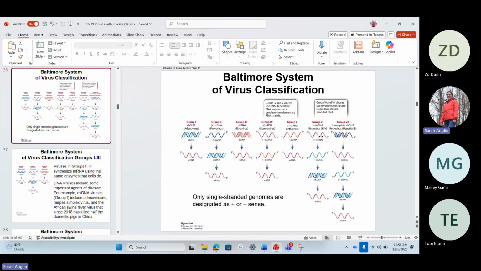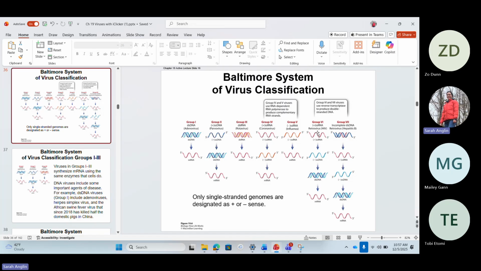Retroviruses use reverse transcriptase, that's an enzyme, in order to cause their genome to go from RNA to DNA. So that's backwards, right? That's why it's called retro. That's backwards from this central dogma of molecular biology.